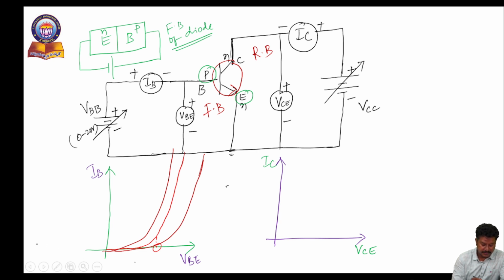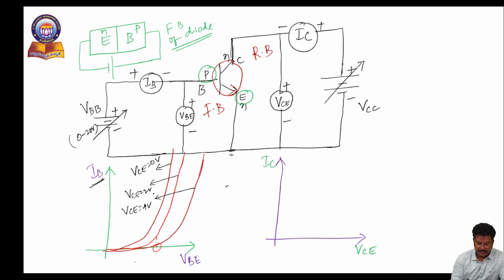By considering VCE as constant, first you consider VCE equal to 0 volts for the first case. In the second case you consider VCE equal to 2 volts. In the third case you consider VCE equal to 4 volts. As VCE changes from 0 to 2, we have to observe the variation of IB current.